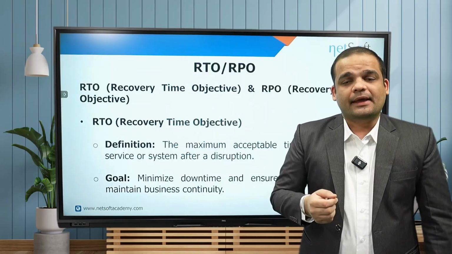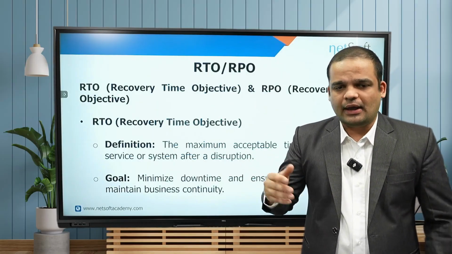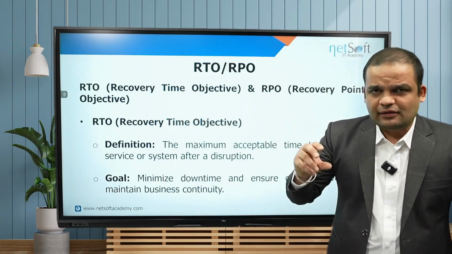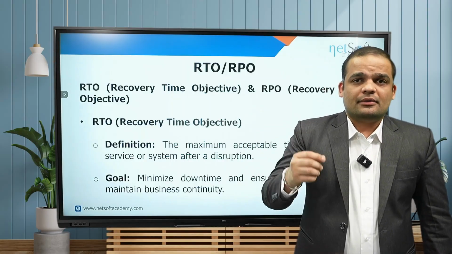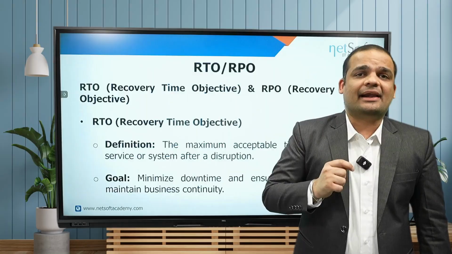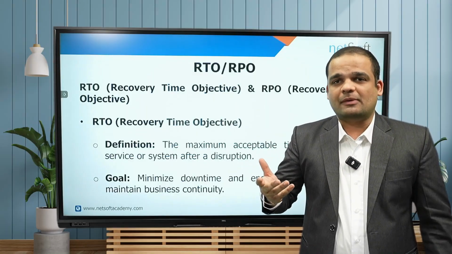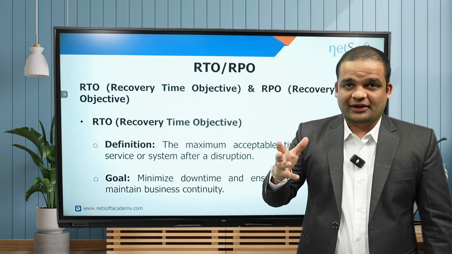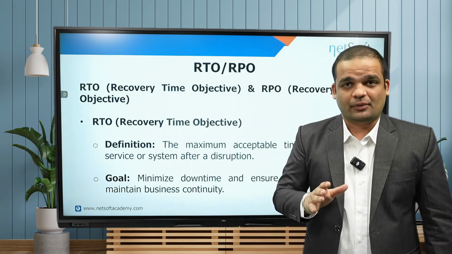For example, if an application goes down by any cause, intentional or accident, it doesn't matter. If an application goes down or offline, now the provider might guarantee to restore it within 2 or 4, maybe 5 hours. Now, this 5 hours is defining the RTO, recovery time objective. All right.